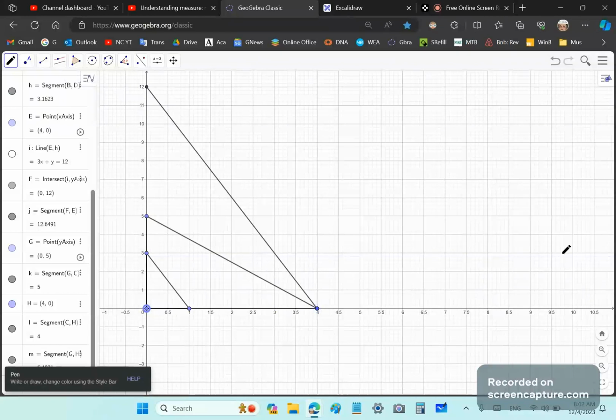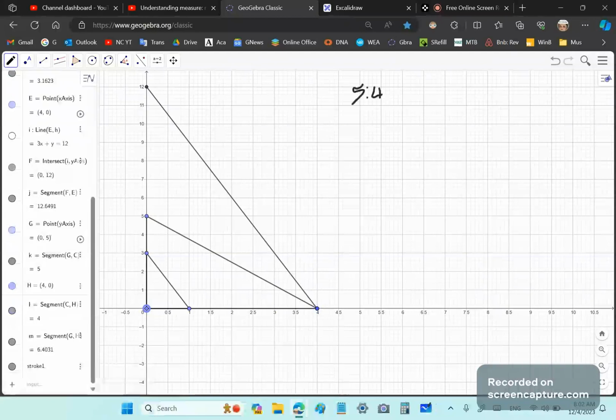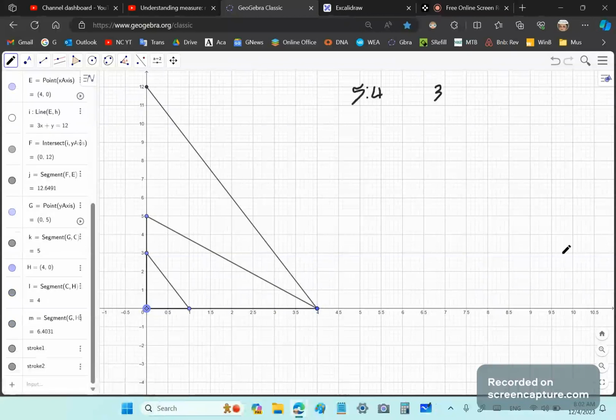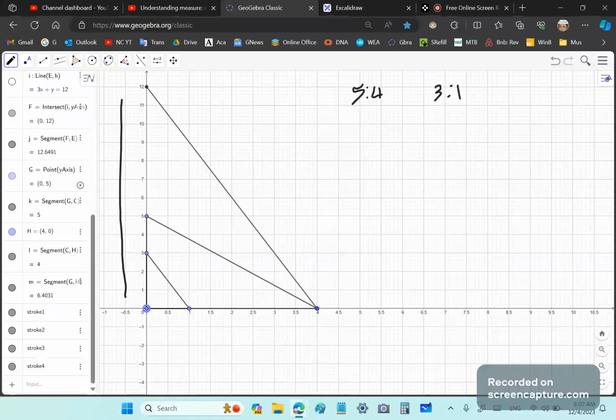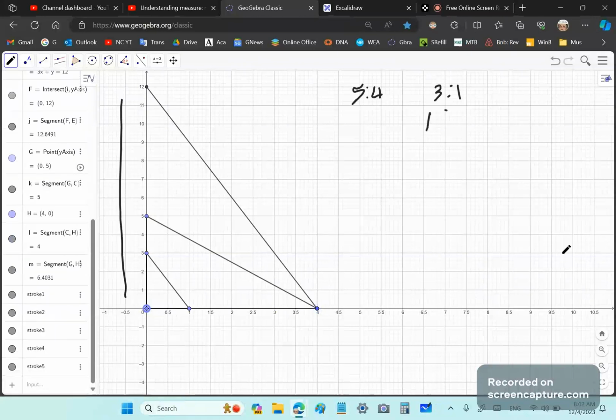The first ratio will be 5/4, and the second ratio, 3/1, is now transformed to 12/4. So that becomes 12/4.